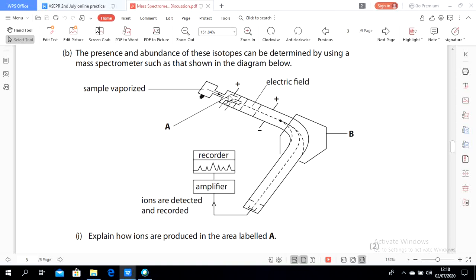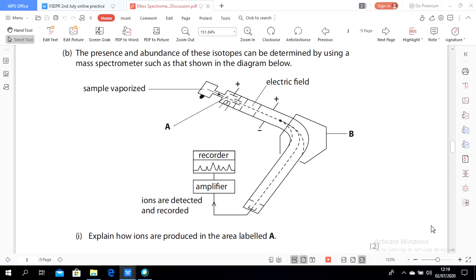How does it become an ion here? It's because high energy electrons are fired at the sample, which makes the molecule lose its electron and become an ion.